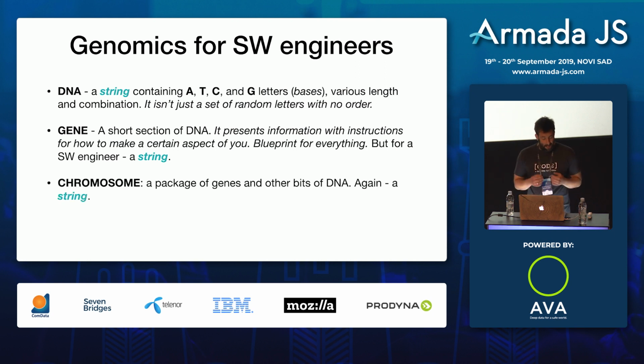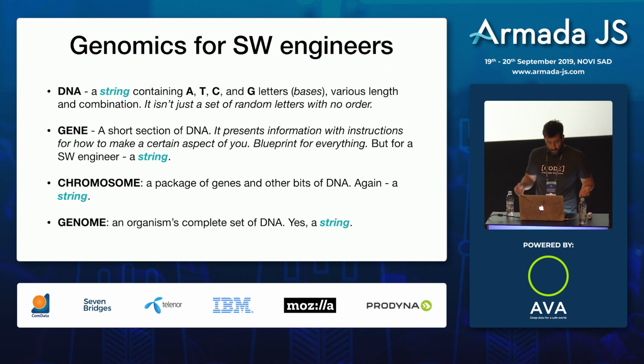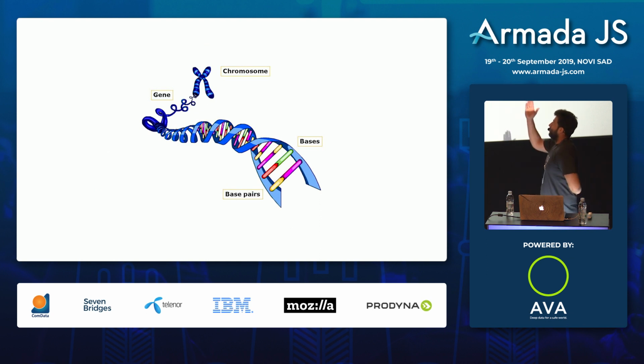Chromosome: a package of genes and other bits of DNA. Again, it's a string. And genome, it's an organism's complete set of DNA, and yes, it's a string. So it looks like this. You have chromosome, you have gene, you have bases, actually base pairs, but if you know only one side of this double strand, you will know the other one because they are always complementary.